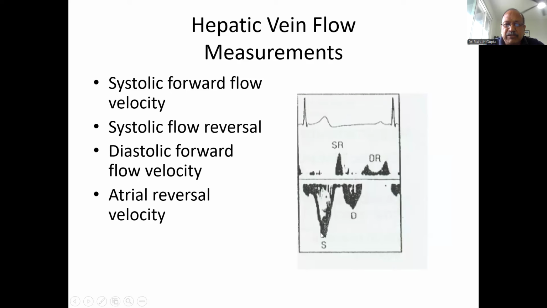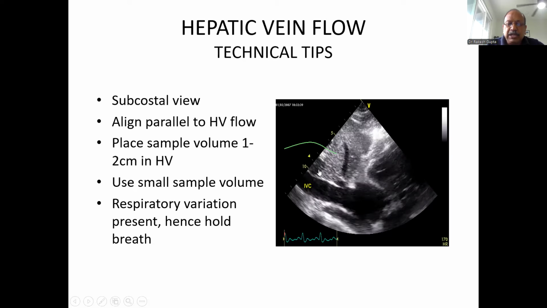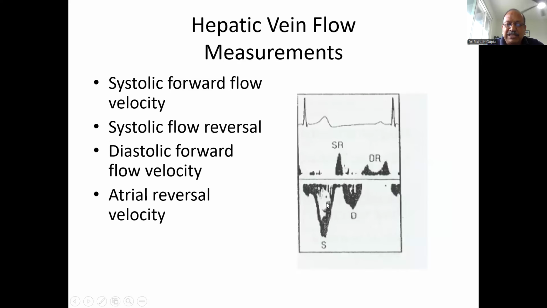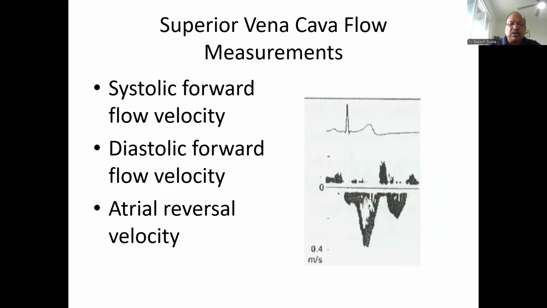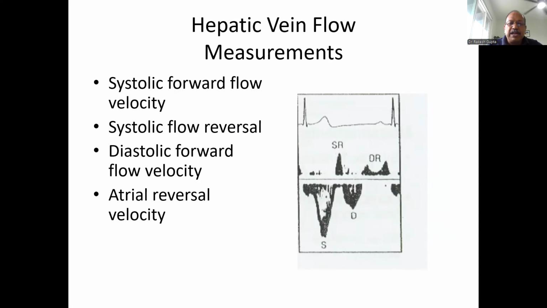So this is systolic forward flow. Forward flow means the blood is draining from hepatic vein to IVC. If I keep my sample volume over here, what will happen? The blood would be negatively seen, in systole and diastole. Okay. Clear? And this is what is more important in the hepatic vein, to see systole and diastole.